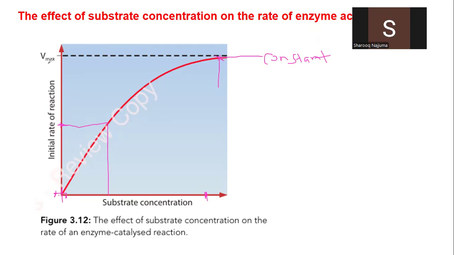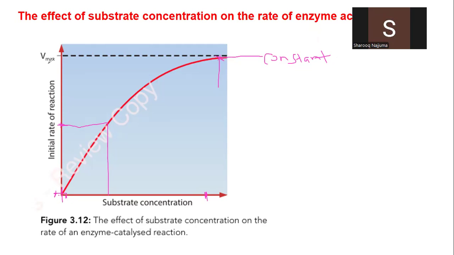Do not look at temperature affecting enzyme activity and then you mention Vmax. V stands for velocity, max stands for maximum. So that is where we have the enzyme working at its fastest rate.